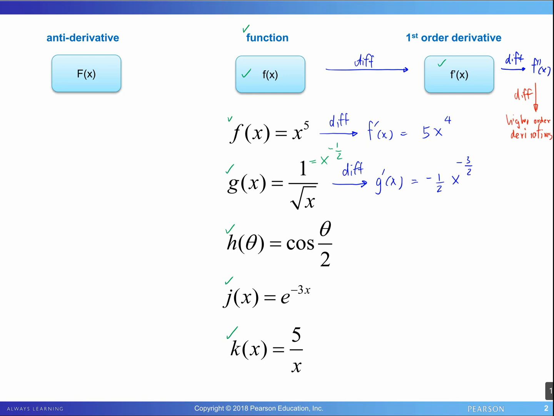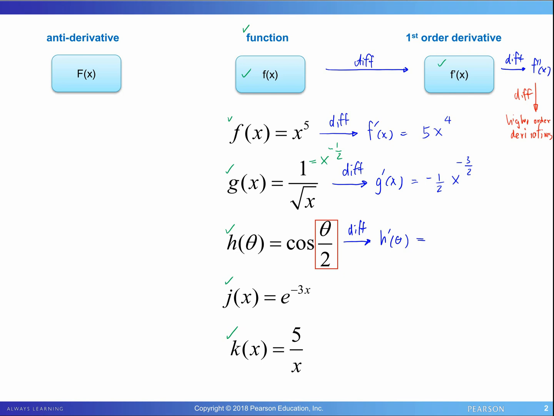Let's continue. Let's diff this h of theta. So I get h prime of theta equal to, before anything, let's put this in a box, cosine of this box, theta over 2. So I'm going to apply the chain rule. I'm going to diff the most outside function, which is cosine.